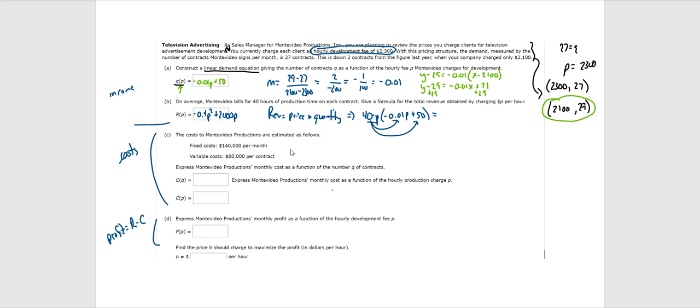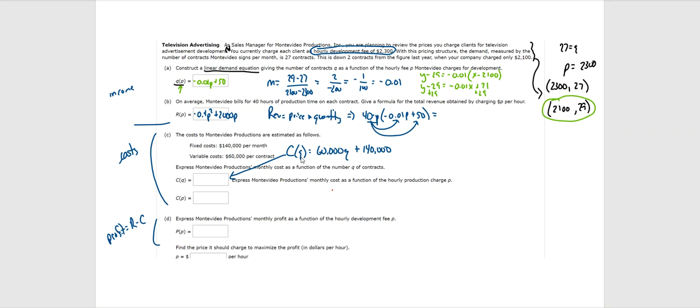This tells us that the cost based on the number of contracts is $60,000 per contract plus $140,000 per month. That's our equation. That's in there.